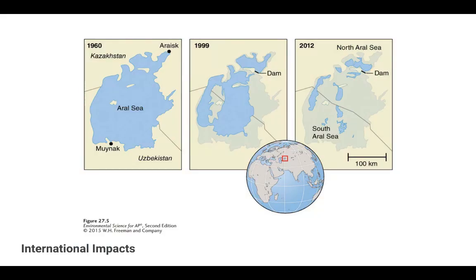And a great case study is the Aral Sea. So in the 1950s, what happened is the Soviet Union diverted two rivers that fed the Aral Sea that we find in Central Asia. And here you can see from 1960 all the way to 2012, the amount of water lost from that sea. And what happened is the decrease in water coming from those two rivers increased the salinity of the lake.